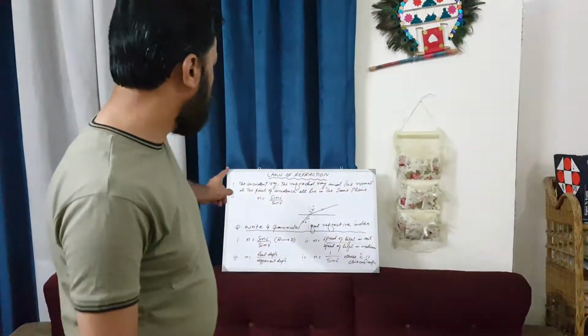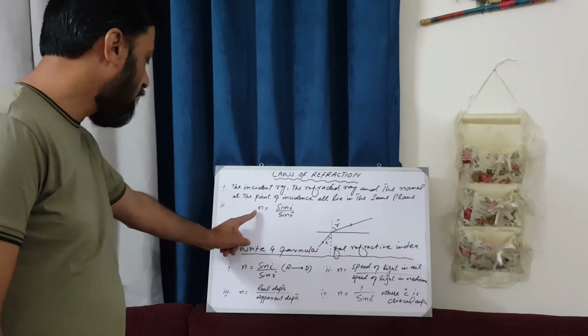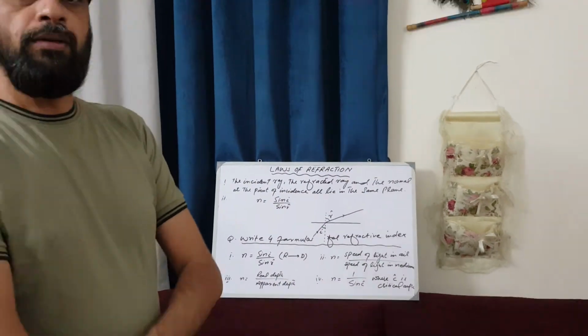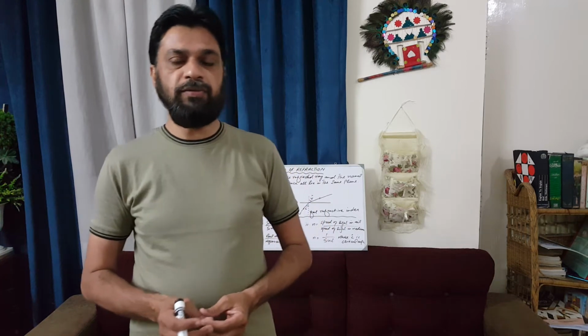Number two, as shown here, n is equal to sine i over sine r, where n is the refractive index, and there is a constant ratio between the sine of the angle of incidence and the sine of the angle of refraction.